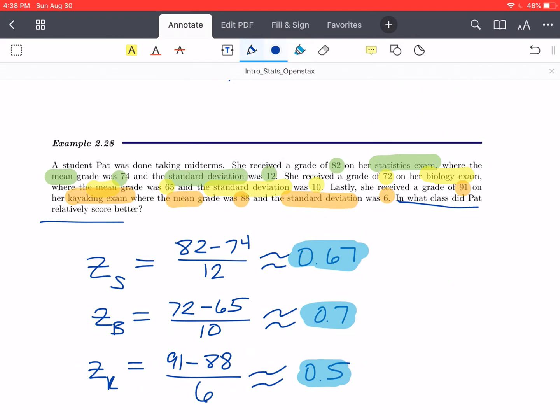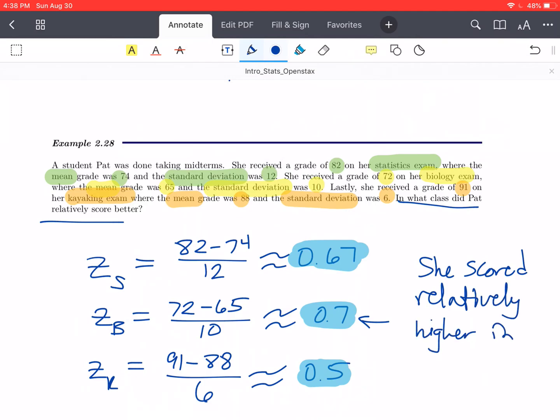So which one did she score relatively better in? That would be the biology class, right? Because compared to that mean, given the standard deviation, she scored relatively higher than the rest of the class compared to the others. So she scored relatively higher in biology.